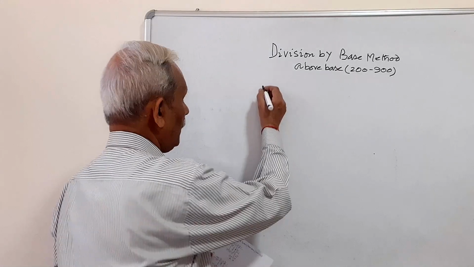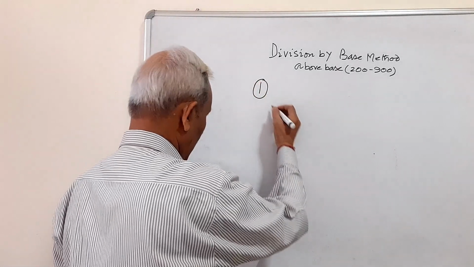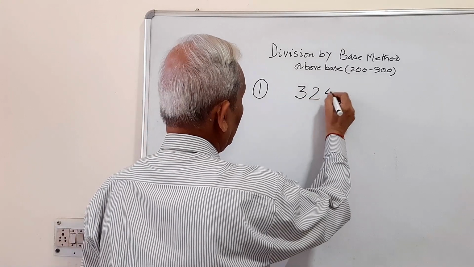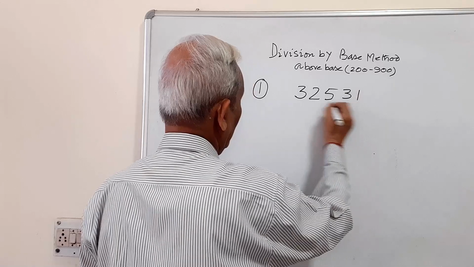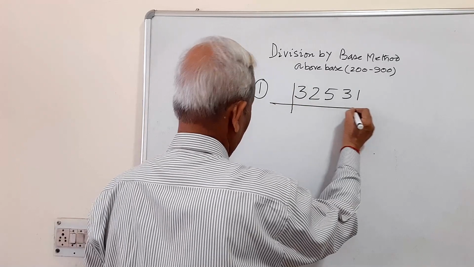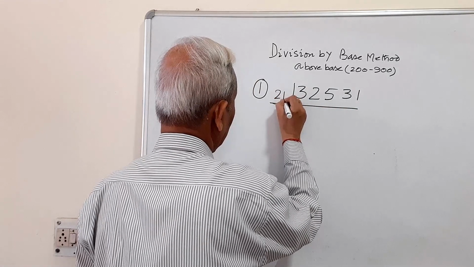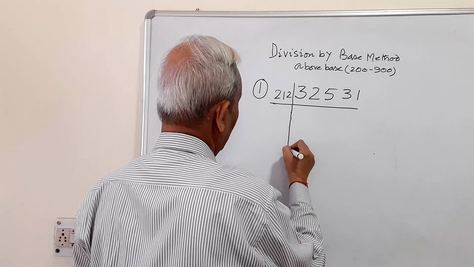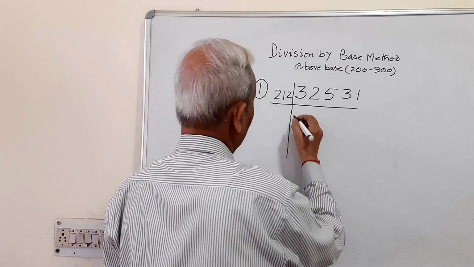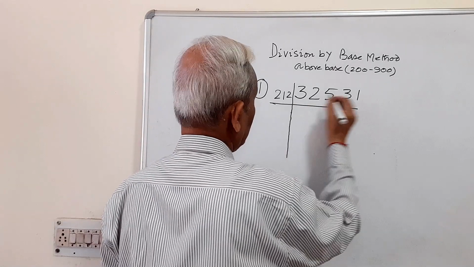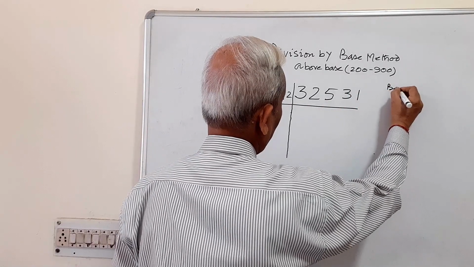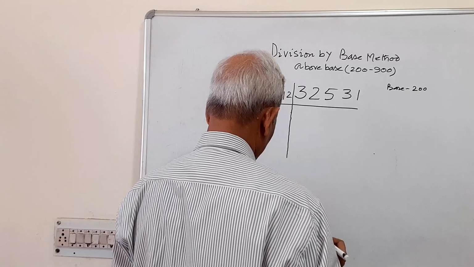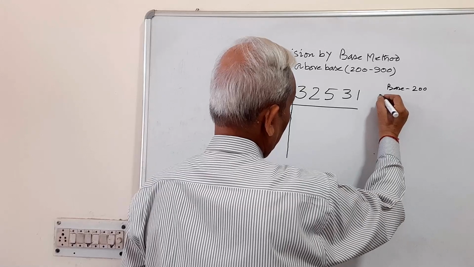Let us take one example, the first question. Let us divide 3 1 by 212. Remember here, what is to be remembered? This is base is 200 and the difference is what?